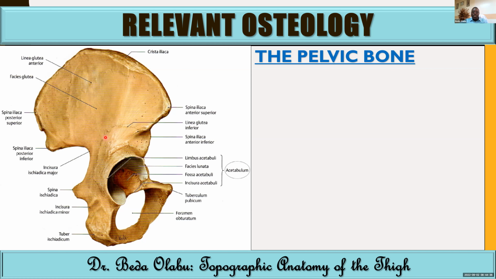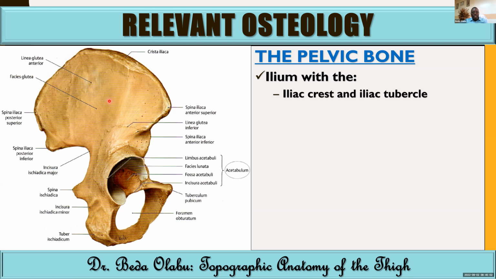I don't want us to repeat that, but just to build on that. At this particular time, we are emphasizing the parts of this bone that are relevant for our understanding of the anatomy of the thigh. We are aware that this bone has three bones which are fused at this point, which we call the acetabulum. The bone above there is called the ilium.